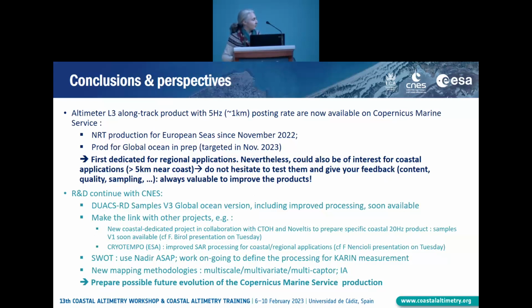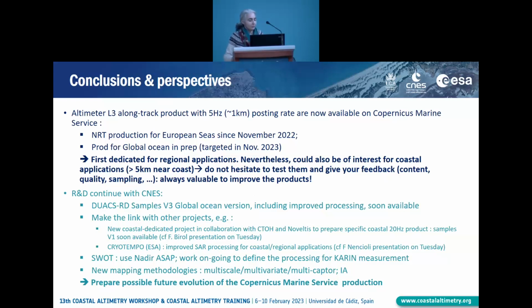And we still continue R&D with CNES. We are preparing a sample of the product for the global ocean that should be delivered before the summer this year on Aviso. And we also try to make a link between different projects that focus on the coastal area, for example the coastal dedicated product presented by Florence Birol on Tuesday, or the Clear Tempo project presented by Francisco Necho.